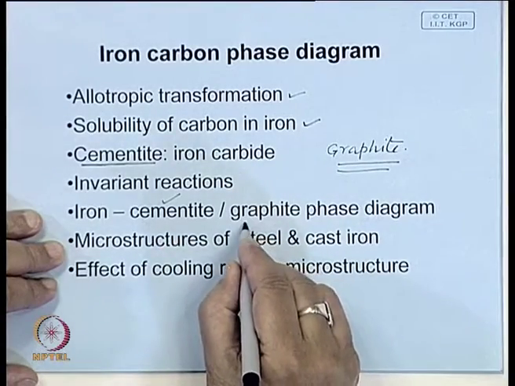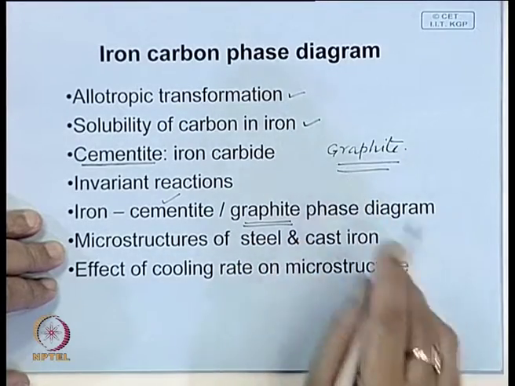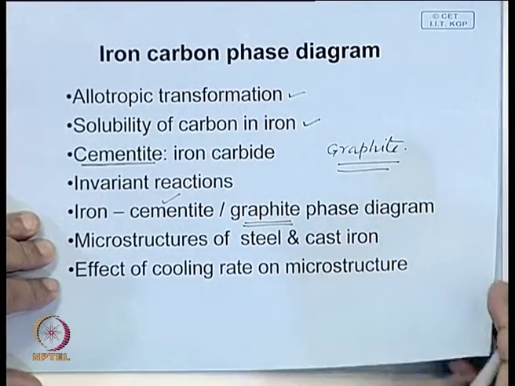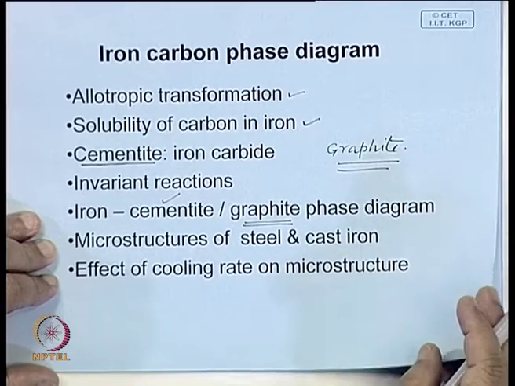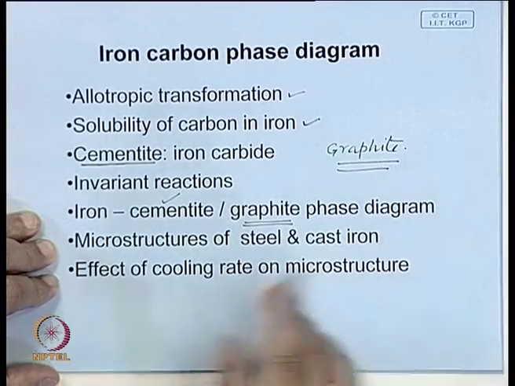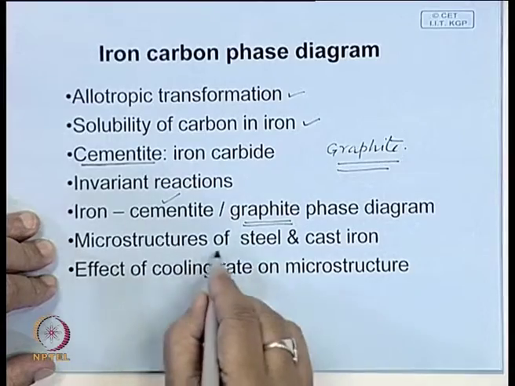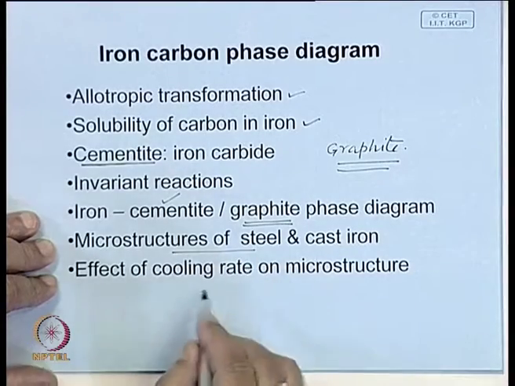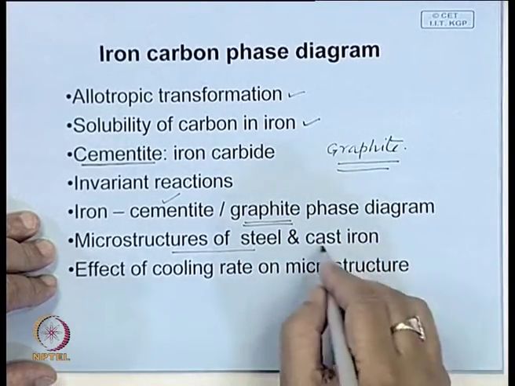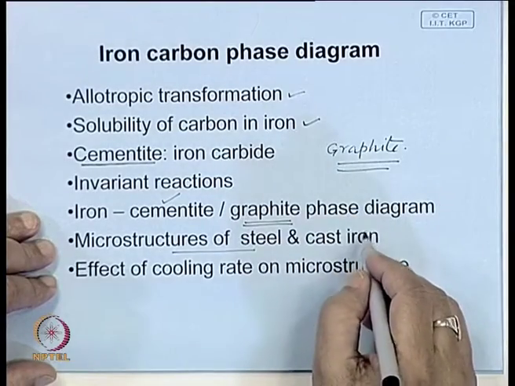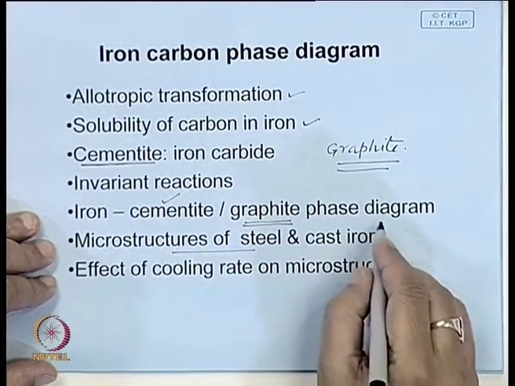Today, we will see what happens if cementite breaks down and how the diagram changes. We also looked at the microstructure of steel and a part of cast iron where carbon is present as cementite.